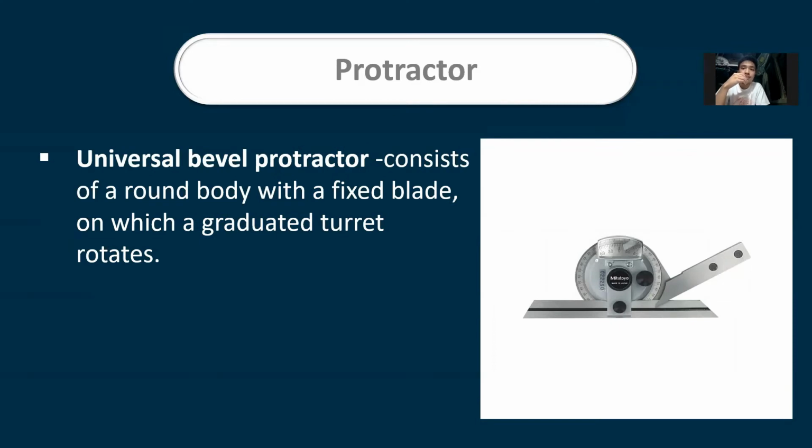Another example is the universal bevel protractor. Consists of a round body with a fixed blade on which is graduated to reticulate. So basically, angle din yung mini-measure nito. At the topmost where the reading of the measurement will occur, may vernier scale din siya.